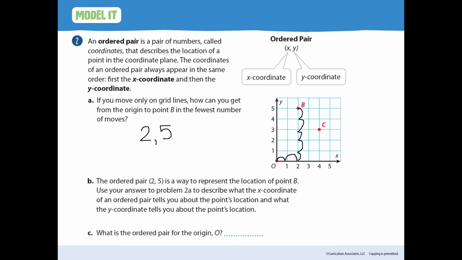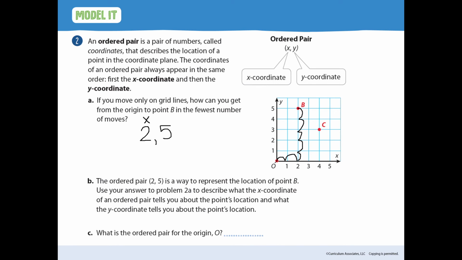Letter B. The ordered pair 2, 5 is a way to represent the location of point B. Use your answer to problem 2A to describe what the x-coordinate of an ordered pair tells you about the point's location and what the y-coordinate tells you about the point's location. The x-coordinate tells you the point's horizontal distance from the origin. So our x-coordinate here is 2.